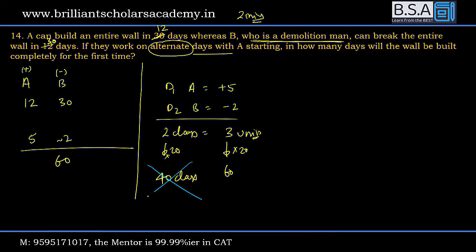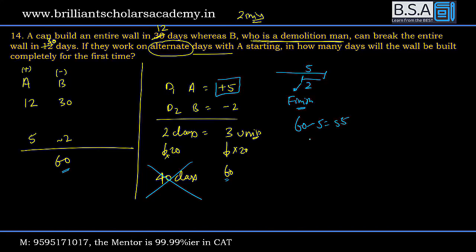This is incorrect. Why? This involves one calculation that A completed the work and then B destroyed 2 units to finish the work. So in all such questions, when they are working alternate, you remove this work from here first. You remove 5 units from 60, 55.